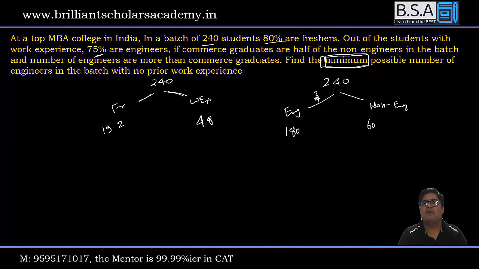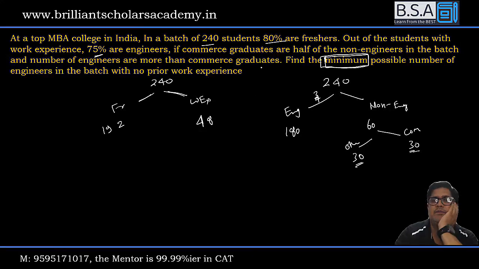If commerce graduates are half of non-engineers, so here commerce graduates are 30 and the others are 30. They are also not engineers. And number of engineers are more than commerce graduate.